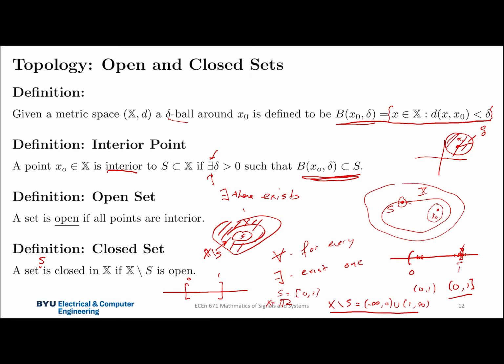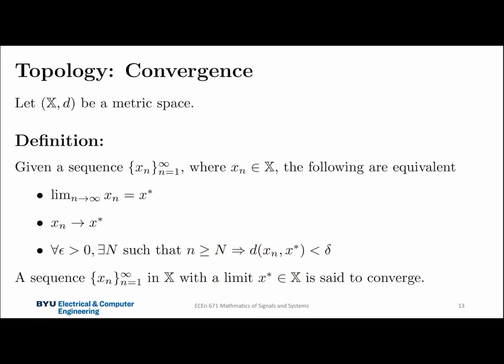And notice this is going to be open, because any of those points is an interior point: I can form a delta ball around them, arbitrarily close to the boundary, but not including the boundary. So this set S then is going to be closed.